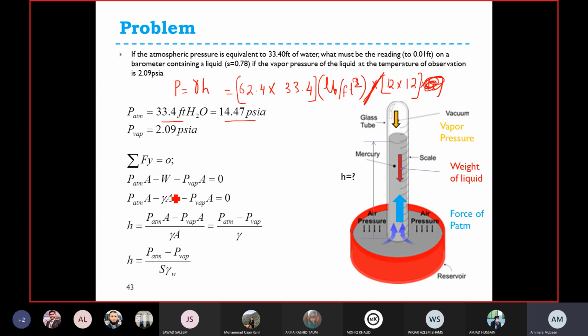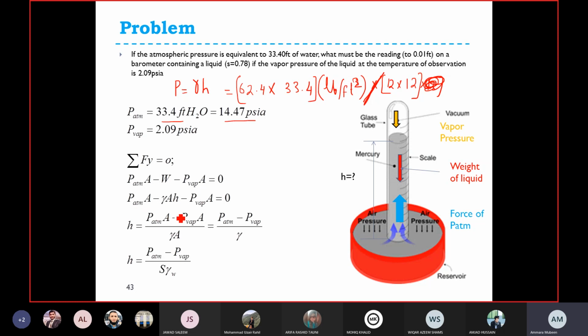Now, according to laws of equilibrium, you apply this summation F is equal to 0, putting all the forces in this summation, and you already know how many forces are involved: atmospheric pressure force, weight of the fluid in the tube, then force due to vapor pressure, should be equal to 0.